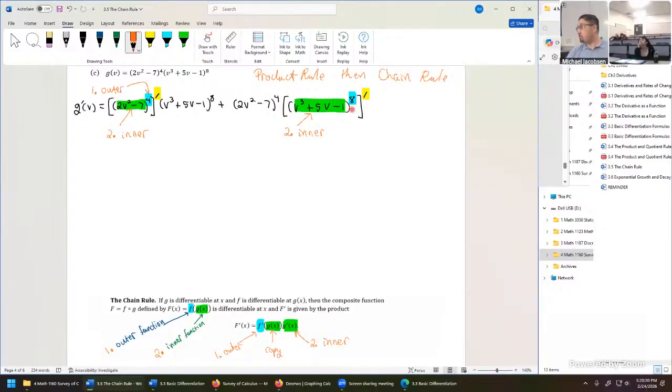Here's the outer function on this one. I have a little bit of space, so I'll just specify that's the outer function in the form y equals x to power 8. So in our next line, we'll navigate to two chain rules, but they're not the worst ones we've seen. It's just a lot of writing on a line by line basis. Okay, any questions to this stage of the analysis?